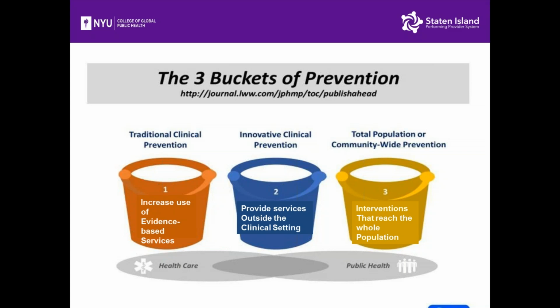In bucket one, we focus on traditional care and really providing excellent care according to available guidelines. In bucket two, it's really referring to some of the services for patients outside the clinical setting, such as housing or food support, or preventive services such as the diabetes prevention program.